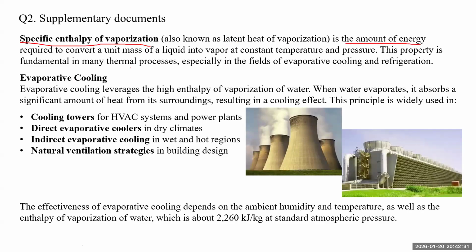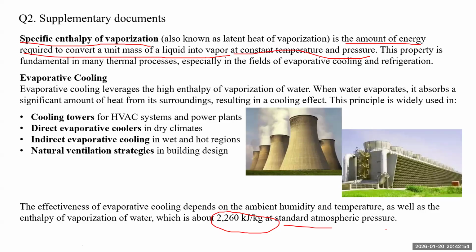It is the amount of energy required to convert a unit mass of liquid into vapor at a constant temperature and pressure. What's this value? We can get it from the water steam tables and also the pressure-enthalpy and temperature-entropy diagrams.